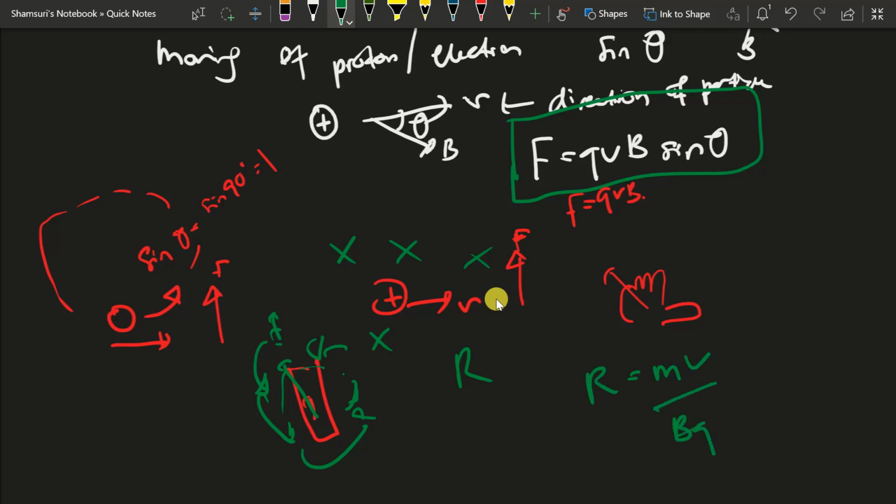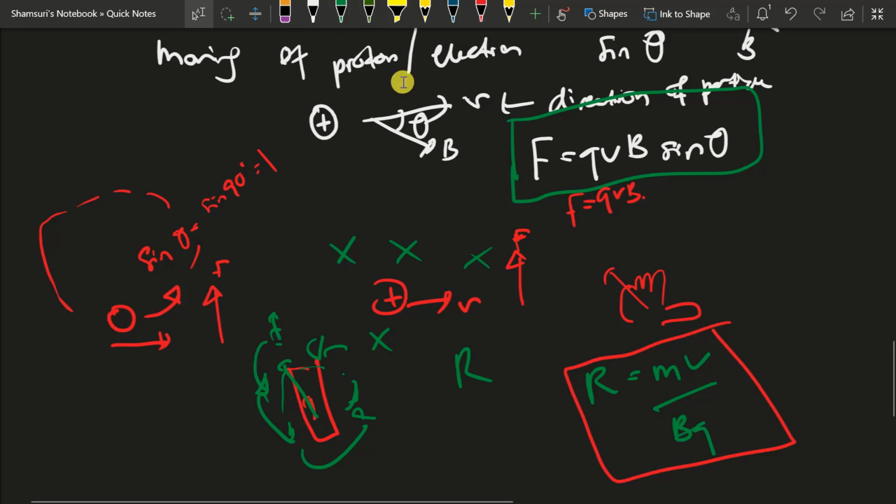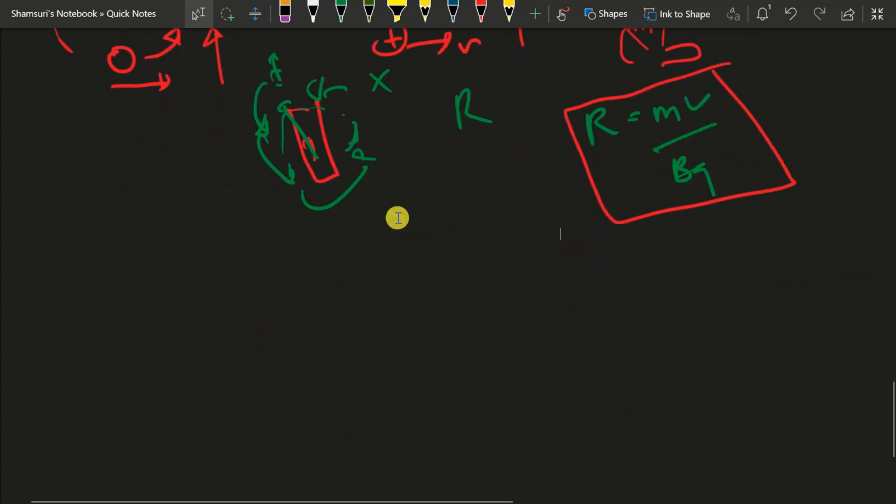This is the formula that you can look back to in the sample equations I have given you. So you can get the radius of the rotation, how big the rotation is.